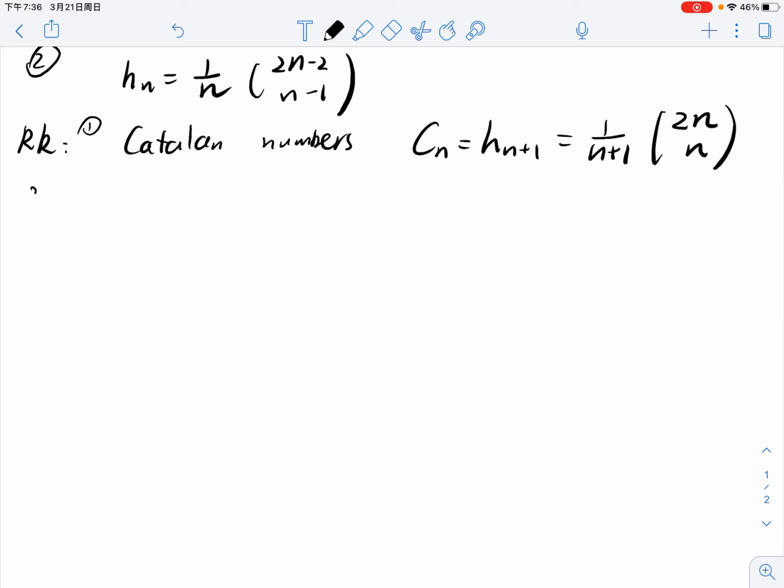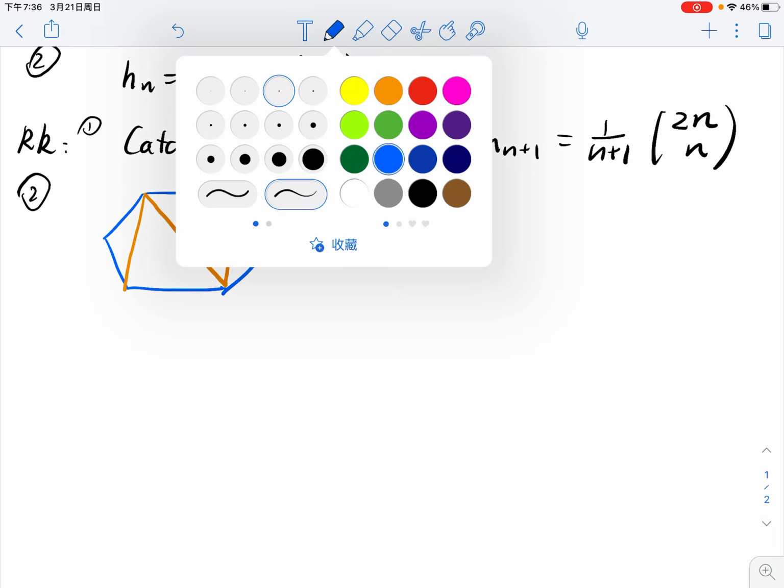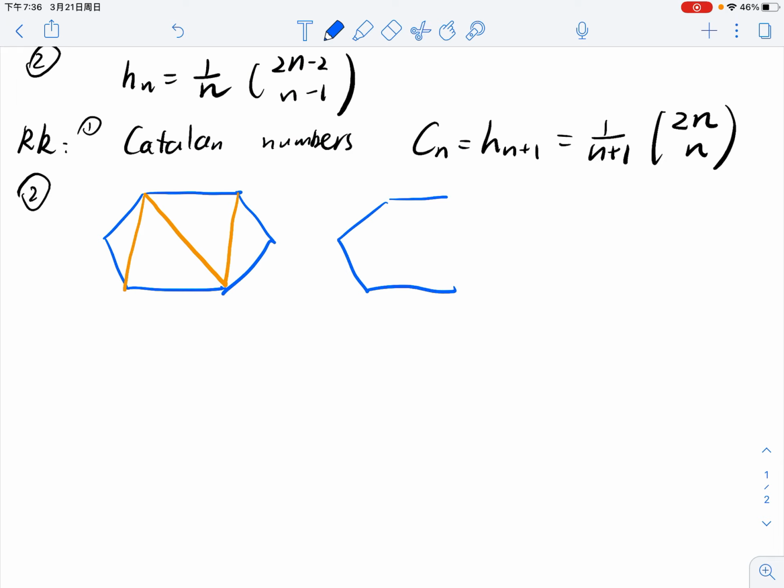Also, I would like to discuss carefully, by examples, what the procedure of dividing is. Suppose you have a hexagon, and you can divide the hexagon into 4 triangles in this way or in some other ways, depending on how you connect the diagonals.